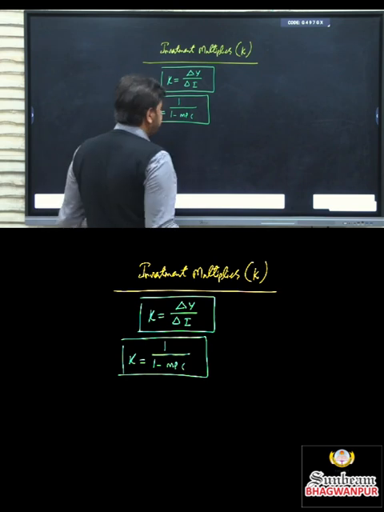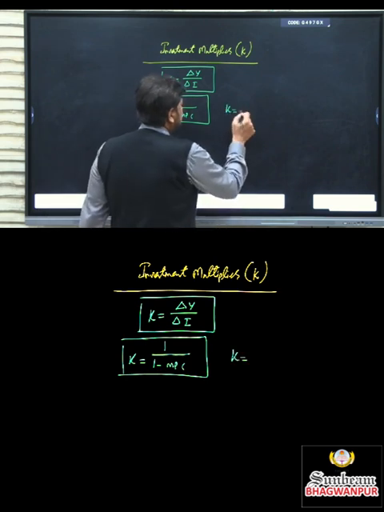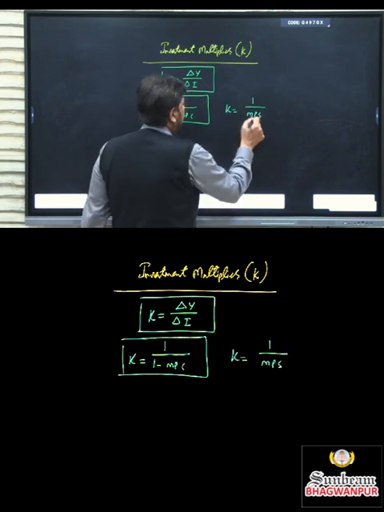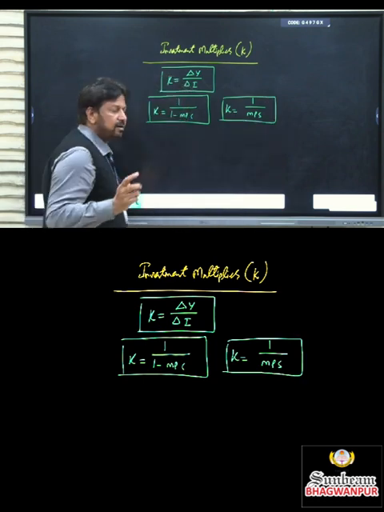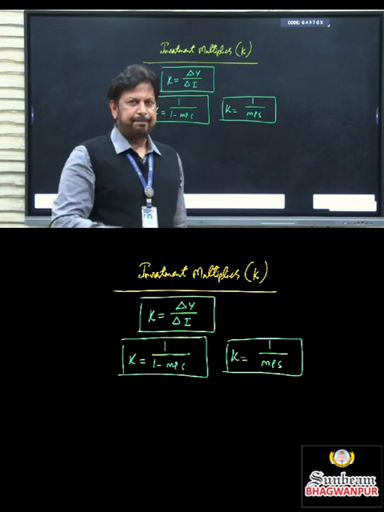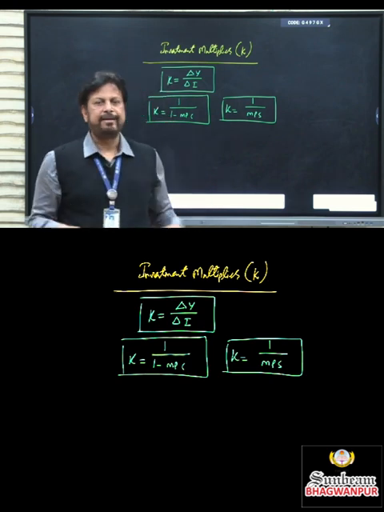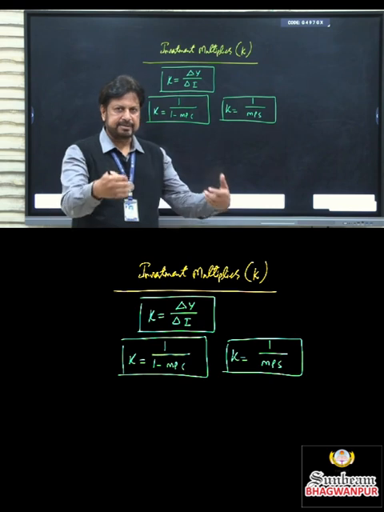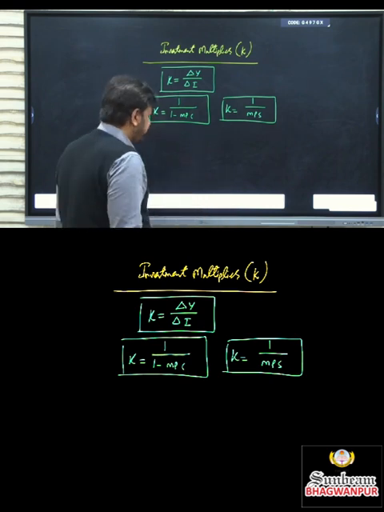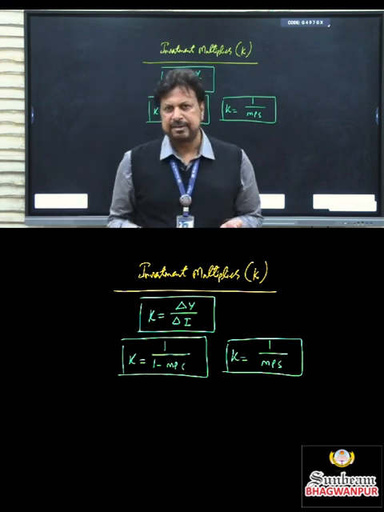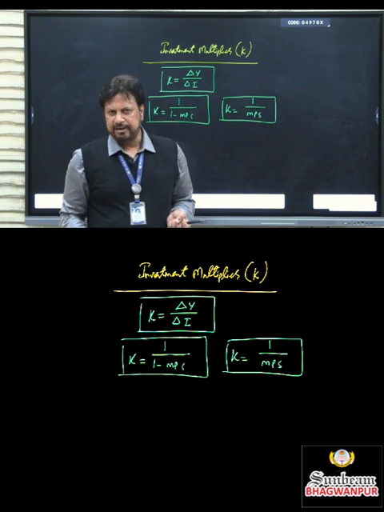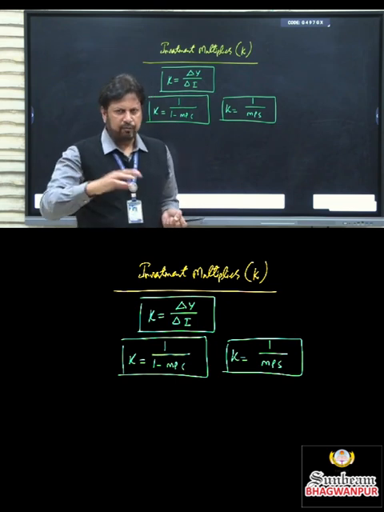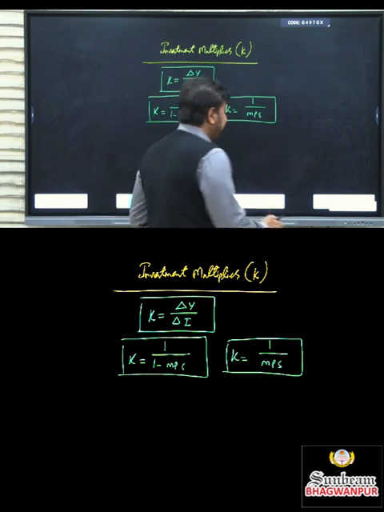And it is inversely related to MPS, K is equal to 1 upon MPS. So there is a direct relation between MPC and multiplier, and an inverse relation between MPS and multiplier. The next question is that if there is a rise in investment, why is there more rise in national income? So what is the working of investment multiplier?